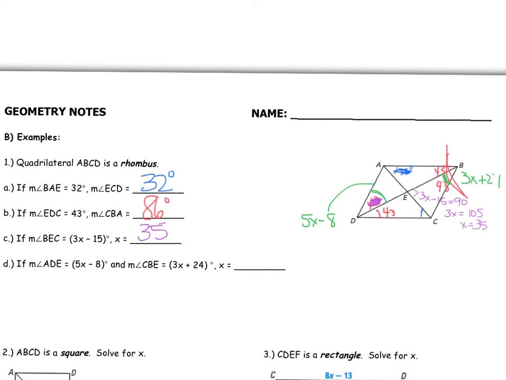So again, the diagonals bisect those angles, so those two parts are congruent. We'll set those measures equal to each other and solve. I'll subtract the 3x, I will add the 8 and divide by 2, so x should equal 16.